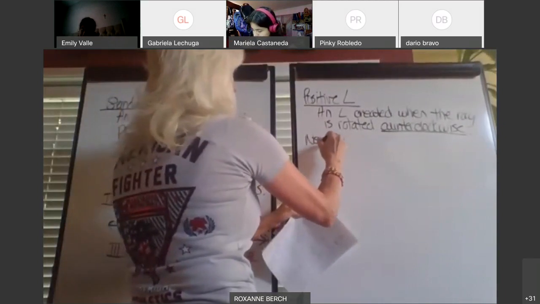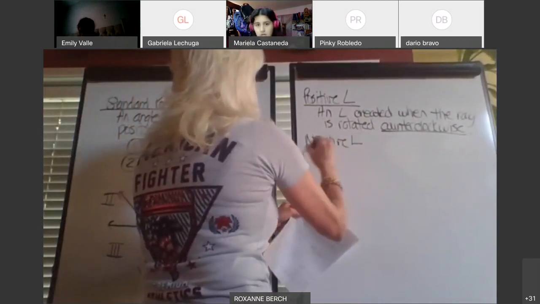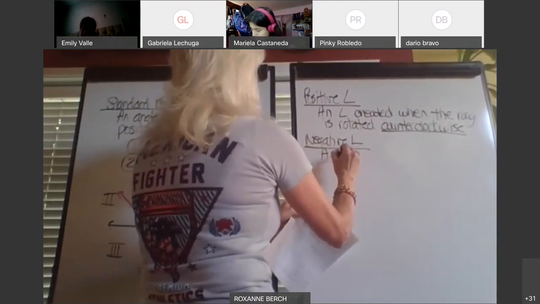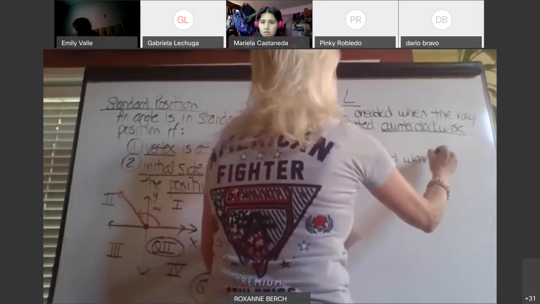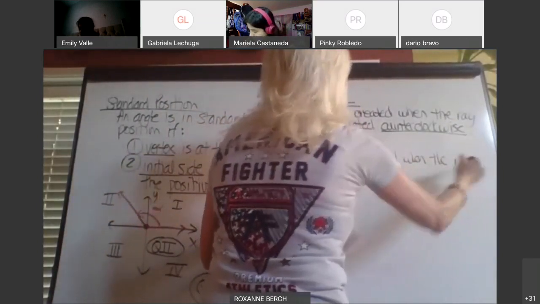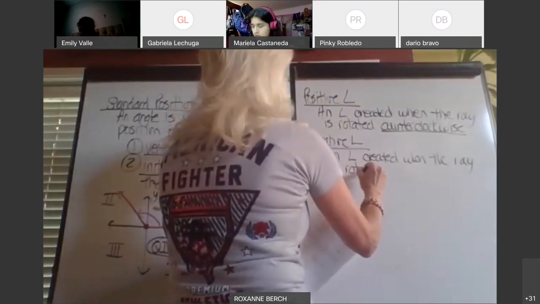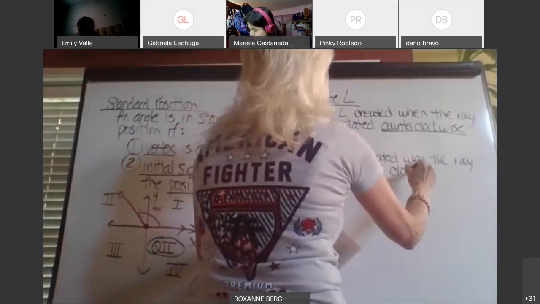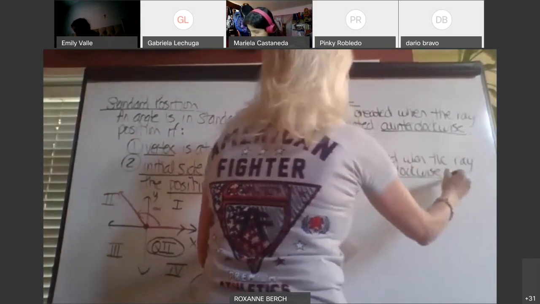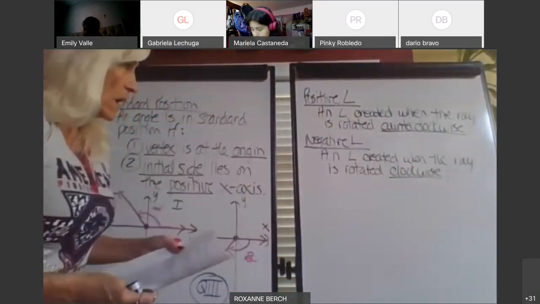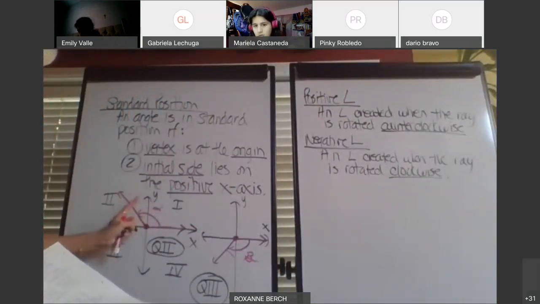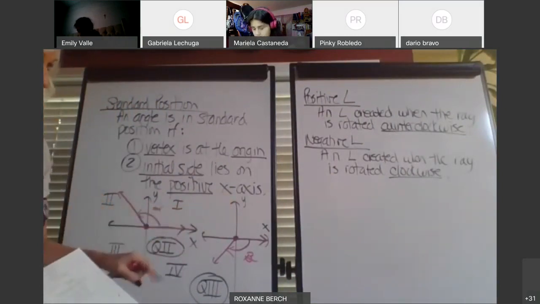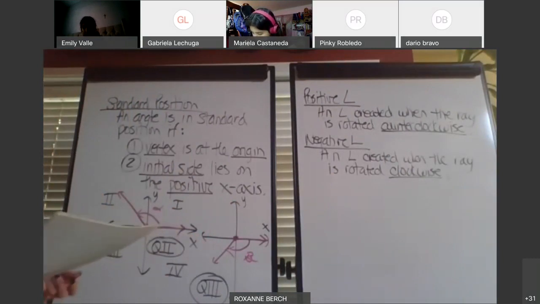A negative angle is an angle created when the ray is rotated clockwise. I'm not going to draw a picture for these. I'll just show it over here. Like I said, this is a positive angle because the ray is rotated counterclockwise. This is a negative angle because the ray is rotated clockwise.